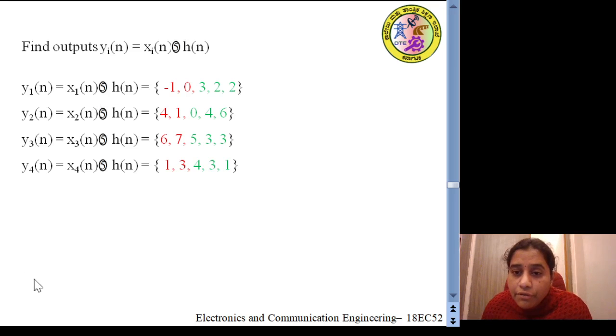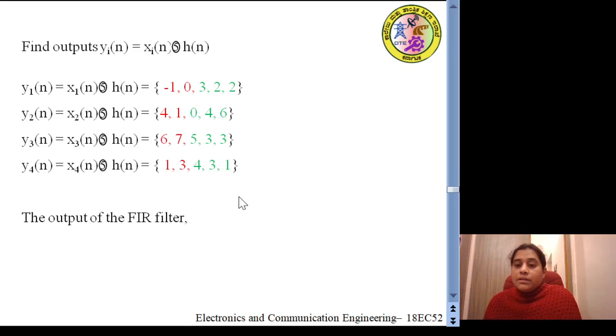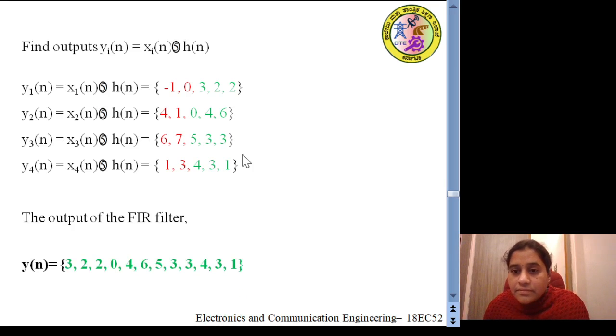Now what we have to do? We have to consider the final output by overlapping and saving some samples. We have to save these samples which are in green color, that is 3, 2, 2, 0, 4, 6, 5, 3, 3, 4, 3, 1.